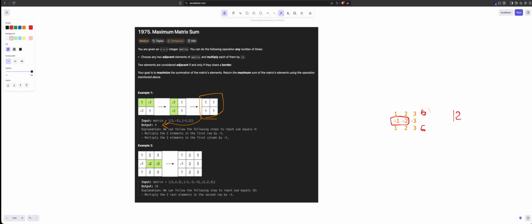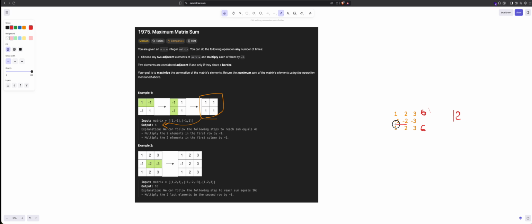So we can consider multiple approaches. What we are going to do is get the largest positive integers by multiplying by minus 1 for adjacent elements. We cannot multiply all of the negative numbers by minus 1, since we are only allowed to pick two elements as adjacent if they share a border. So we have two options.